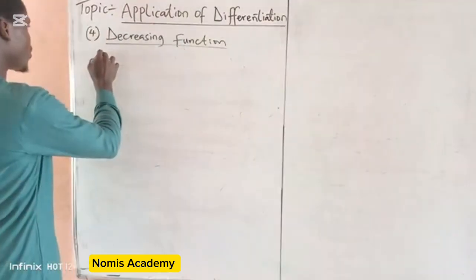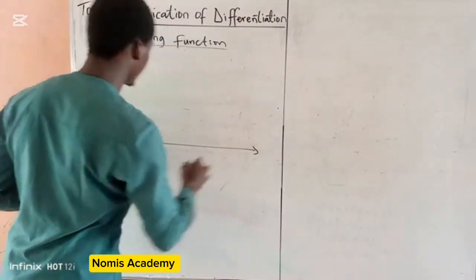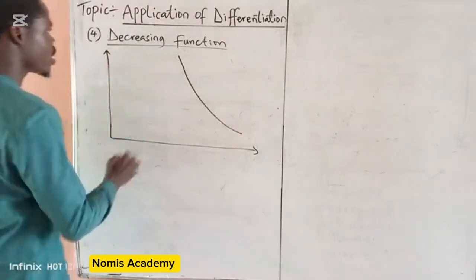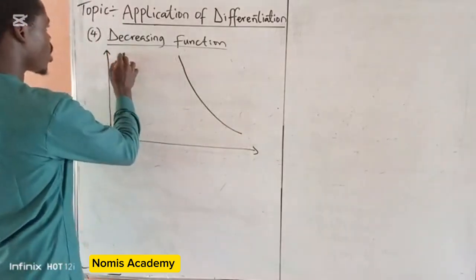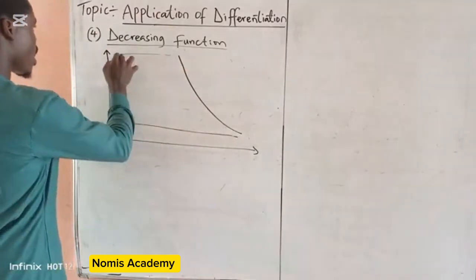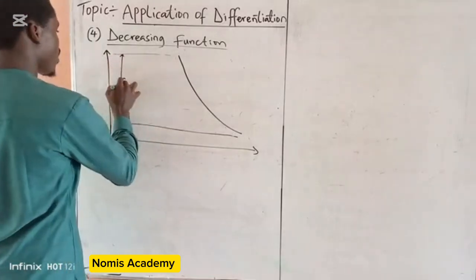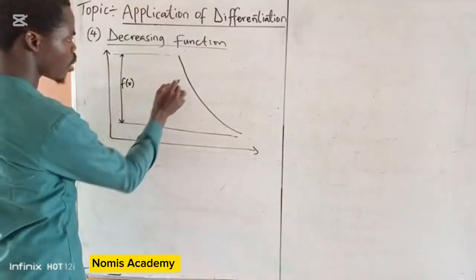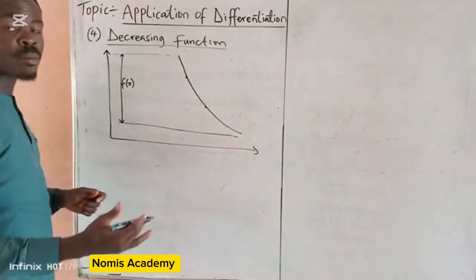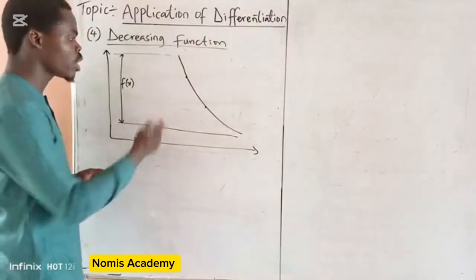Now, take for example, look at the graph where we have a decreasing function in this order. We call this f of x. Then we pick 2 points on the curve in an attempt to find the slope or the gradient of the curve.